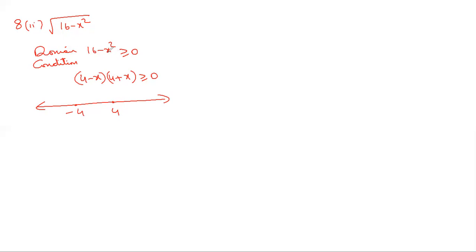Because the x square coefficient is negative in the product, you start from minus in the rightmost. After that, the powers are 1, odd numbers, so alternate plus minus. You are expecting the product to be positive, so x belongs to closed minus 4 to 4. You write a closed interval because equality is there, and 4 and minus 4 can also be included. This is the domain.